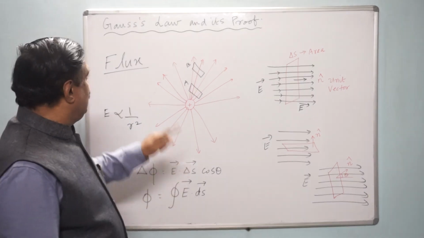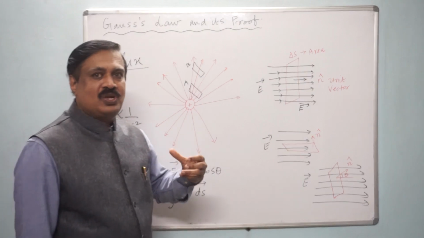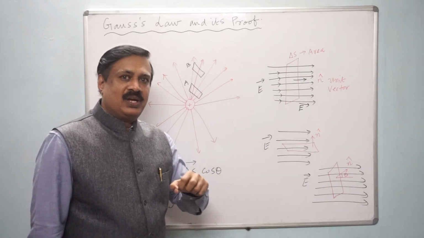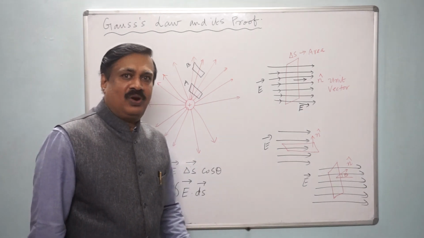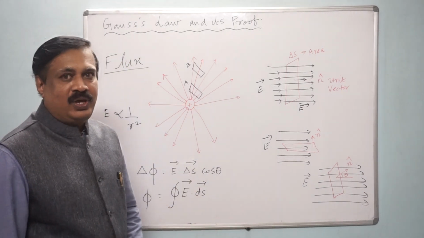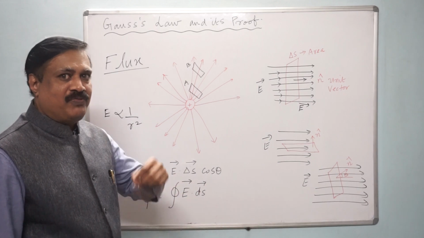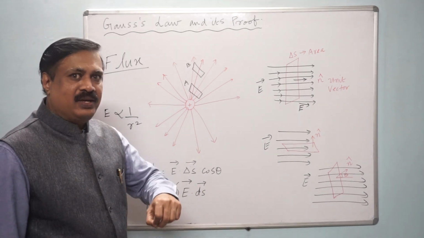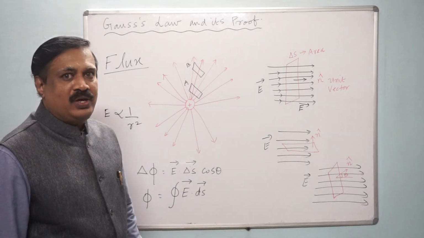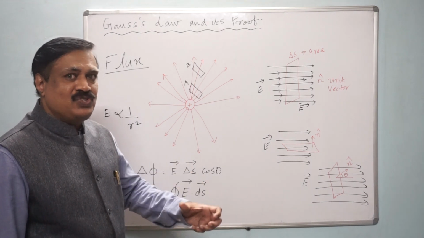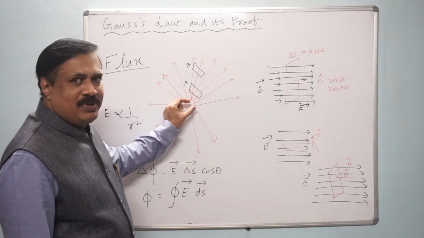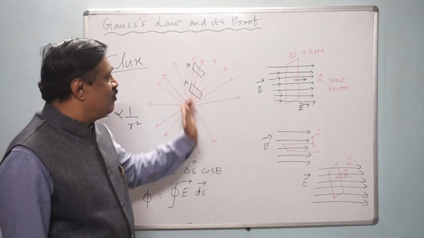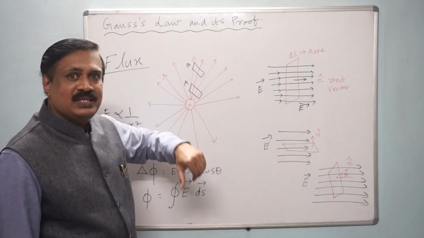Now electric flux, how can we define it? The number of electric lines contained in a particular area is called electric flux. That means it depends upon electric intensity: near means electric intensity is more, far away means it is less.